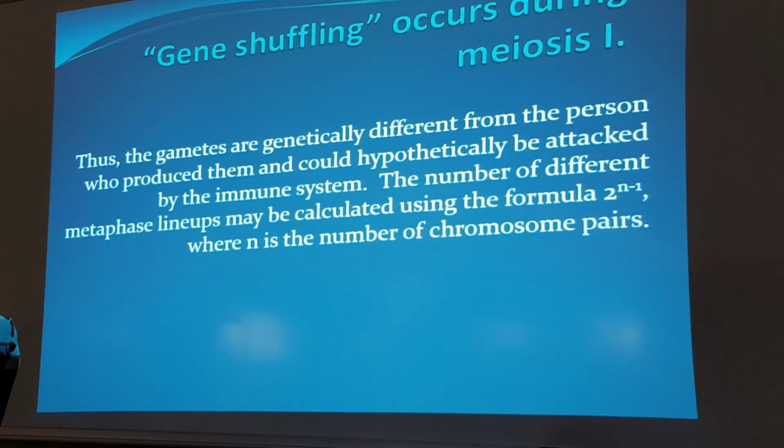So if you have 2 chromosome pairs, there's only 2 different ways you can flip them. So 2 to the 2 minus 1 is 2 to the 1, isn't it? And 2 to the 1 is 2. 2 different ways you can flip 2 chromosomes, right? You introduce another one, and it's 2 to the n-1, then you got 3, and 2 to the 2 is 4. There's 4 different metaphase lineups you can have.